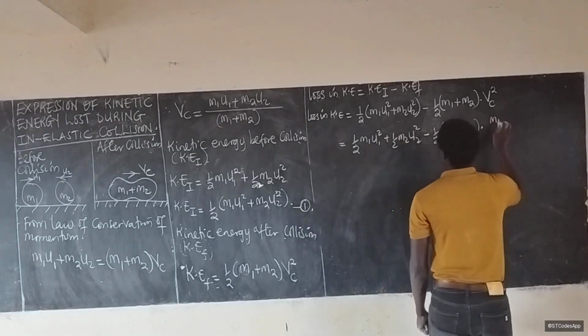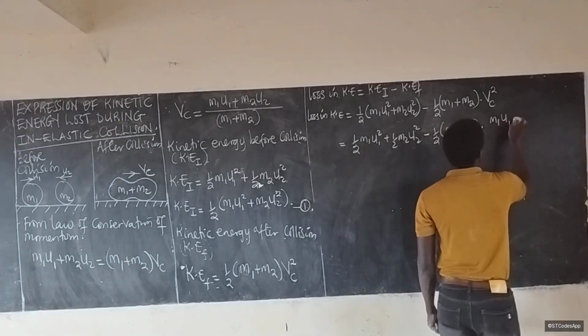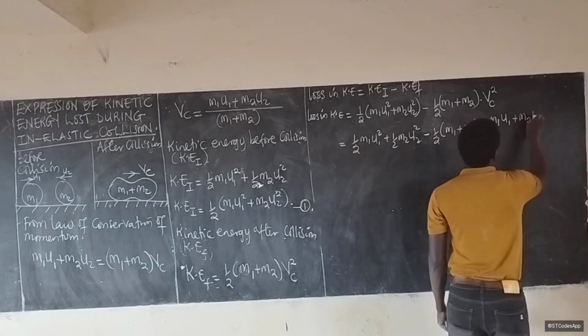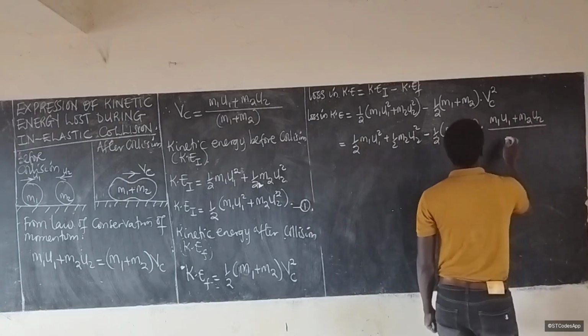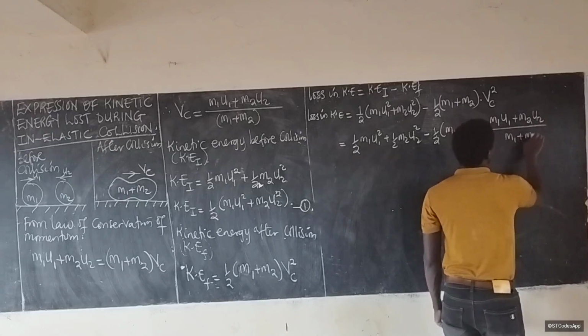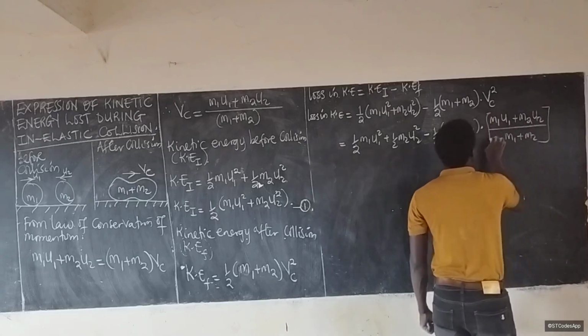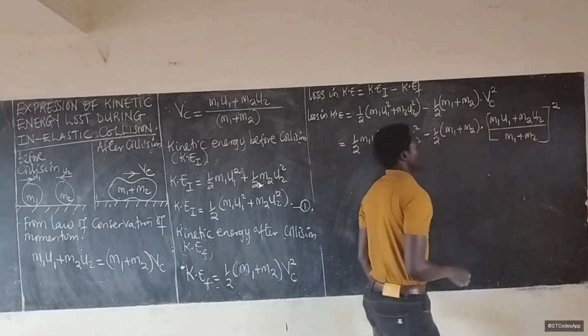vc is m1 u1 plus m2 u2 out of m1 plus m2. But all of it is being squared.